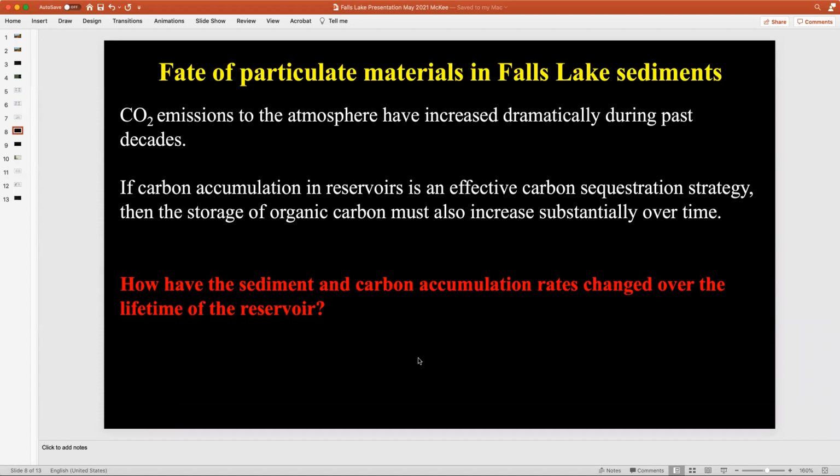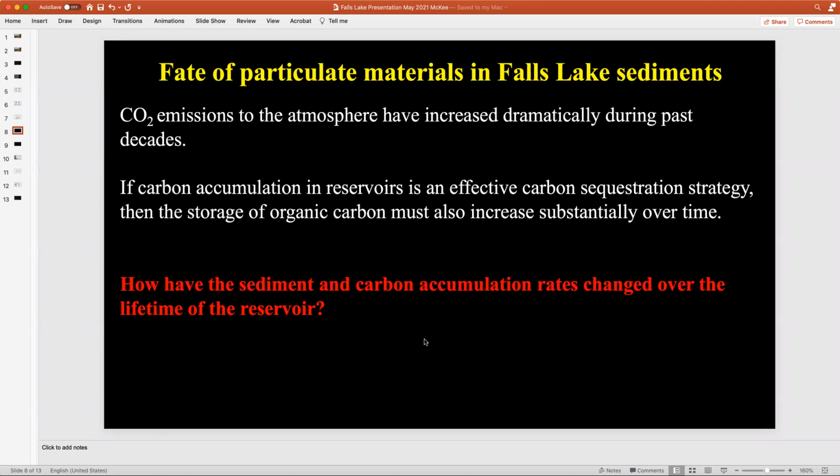Let's turn to the second objective, the fate of particulate matter in Falls Lake sediments. We all know that CO2 emissions to the atmosphere have increased dramatically during the past decades. But if carbon accumulation in reservoirs is an effective carbon sequestration strategy, then the storage of organic carbon must also increase substantially over time. So that can be tested.